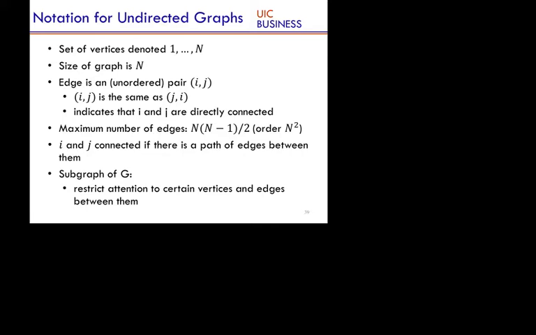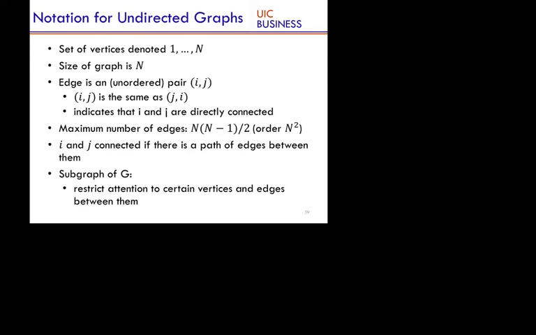So the maximum number of edges in an n node graph is n times n minus 1 by 2. Is that clear? Why is that? Each node is connected to n minus 1 other nodes. Okay.